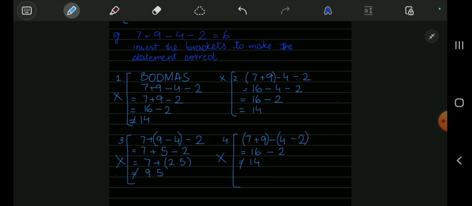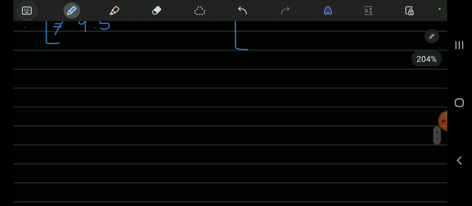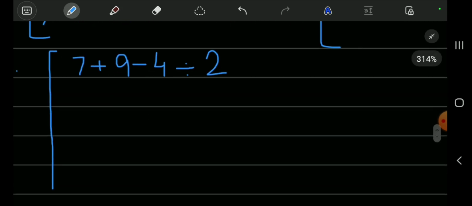Okay, so what else can we do? Let me tell you another, fifth method: 7 plus 9 minus 4 divided by 2. You may put multiple brackets on. Instead of 2 numbers, you can put a bracket on 3 numbers.